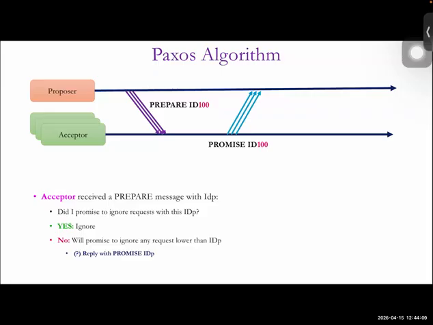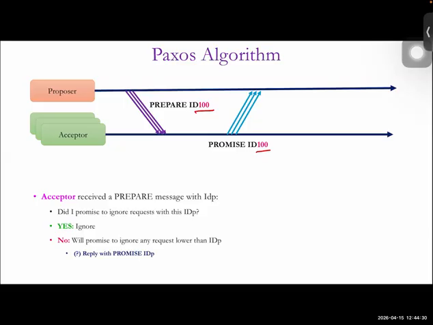The acceptor responds with this promise if it has not promised a higher proposal number before. In this case, the proposal number is 100, so the acceptor can promise it. It's purely new.